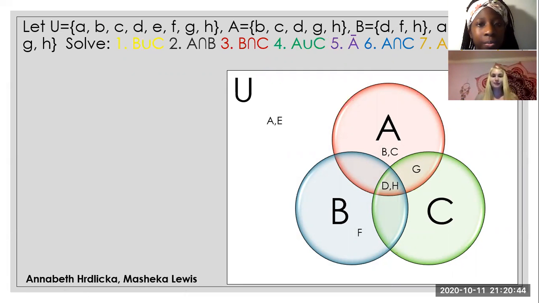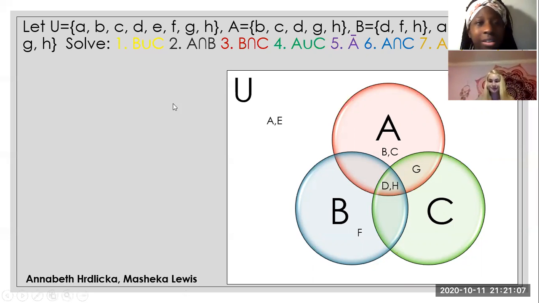So you see at the top, it says A is equal to B, C, D, G, H, B is equal to D, F, H, and C is equal to D, G, H. And then to make the diagram, you got to see which ones both have. So, for example, A and B will both have D and H. So A and B, C in the middle, D and H.